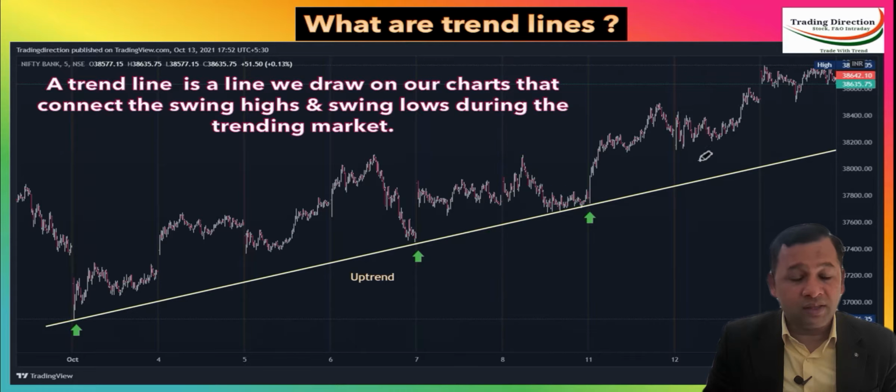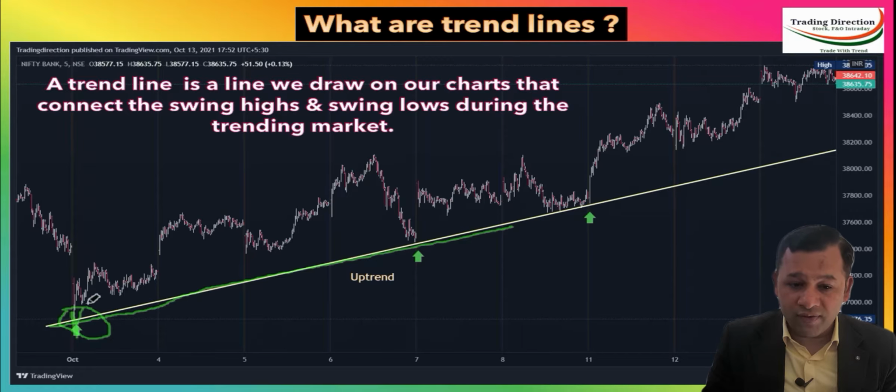That way the trend line will guide you where to enter the trend and where to exit the trend. It will help you identify an uptrend or downtrend. Definitely this is an uptrend because it is connecting the swing lows. Here is the first entry, this is the second point, and at the third point you can enter long.